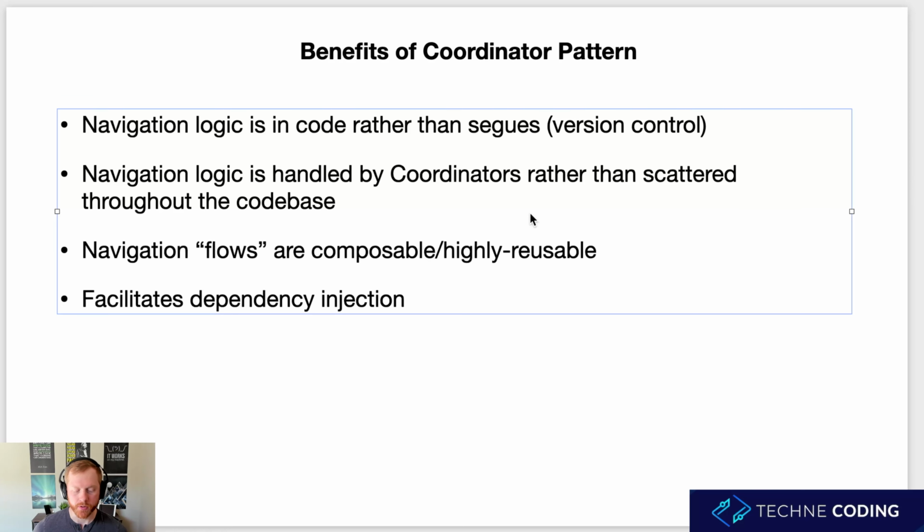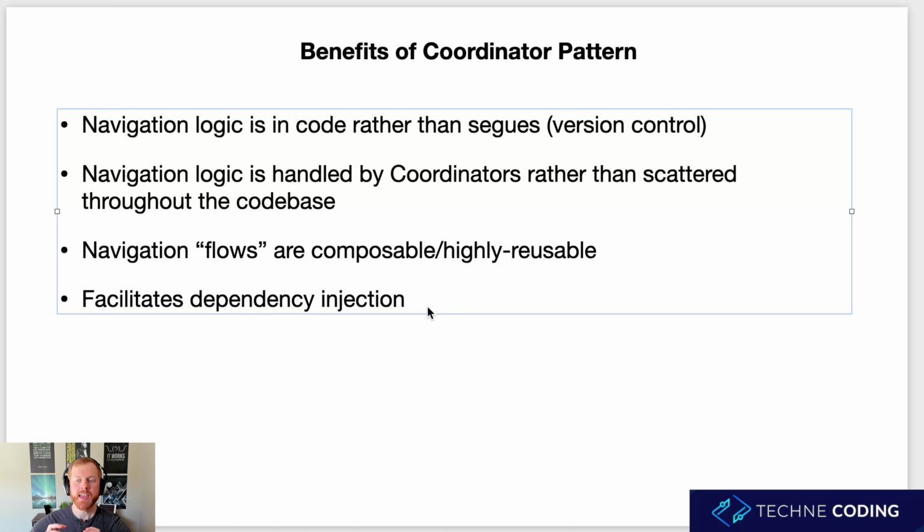Originally with segues, much of the navigation code was sprinkled across the code base because of the prepare for segue function calls within each UIViewController that people used to handle navigation logic and transfer data from one screen to another. It's very cumbersome. But the coordinator pattern allows us to handle navigation, but also dependency injection and data flow much more easily.